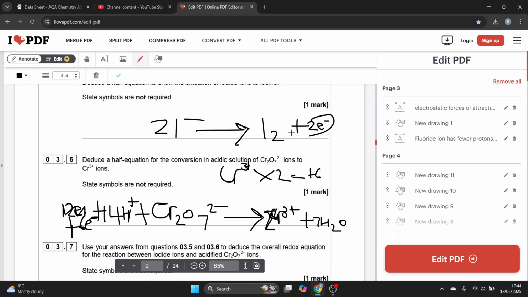So then I need 6 electrons here, 2 electrons there, 6 electrons there, so I need to times this by 3.